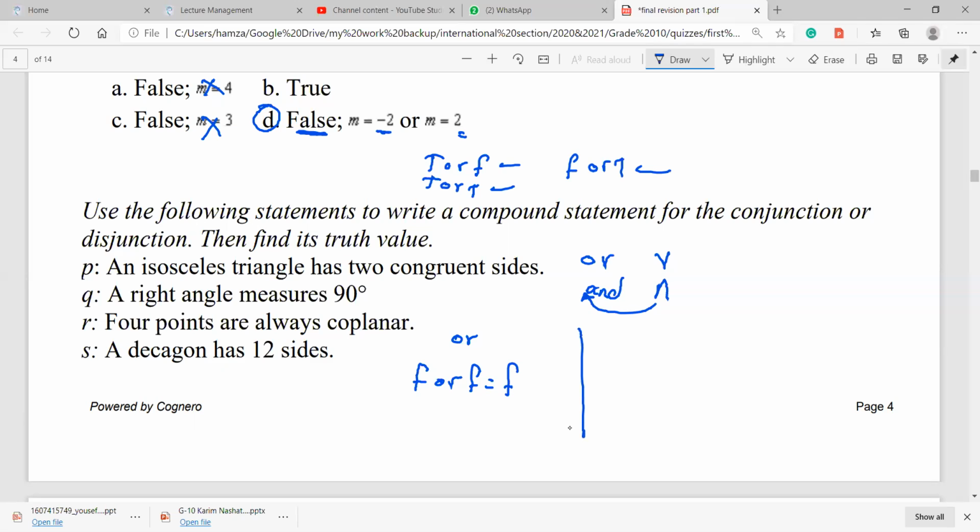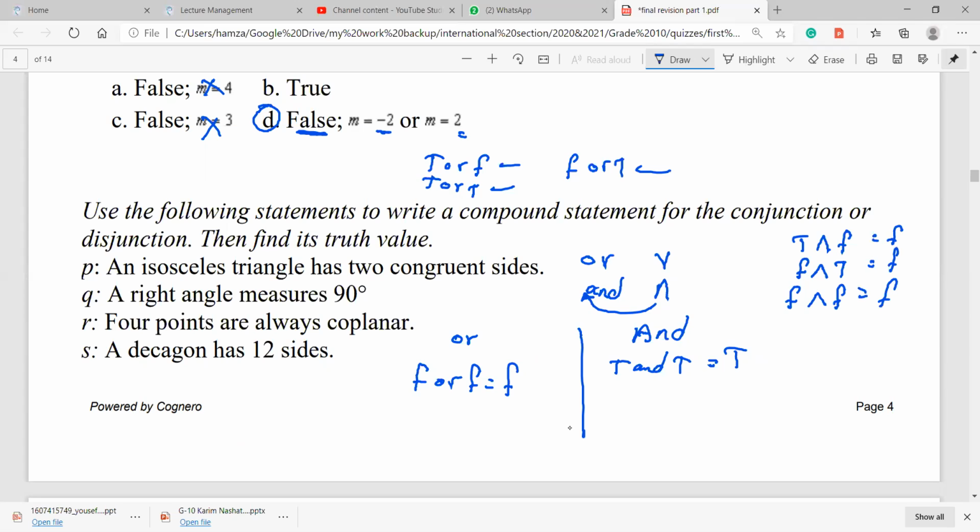Now what about and? And is a little bit harder. And will be true only in one case: if true and true, it will be true. The rest will be false. So true and false, false and true, false and false, all of these statements are false.